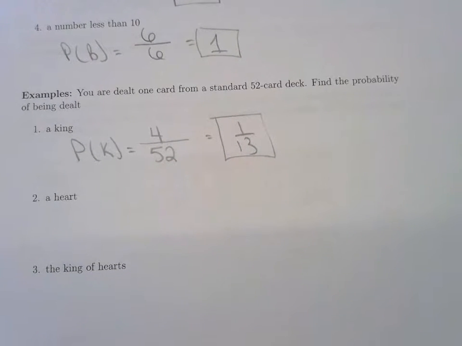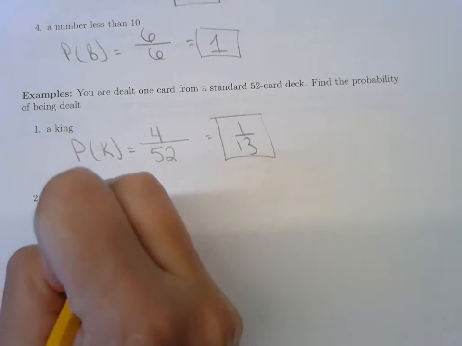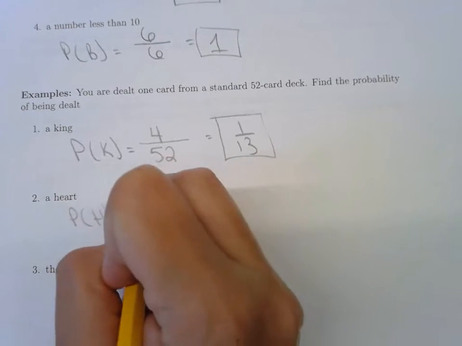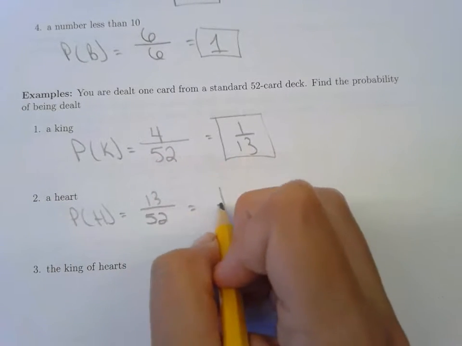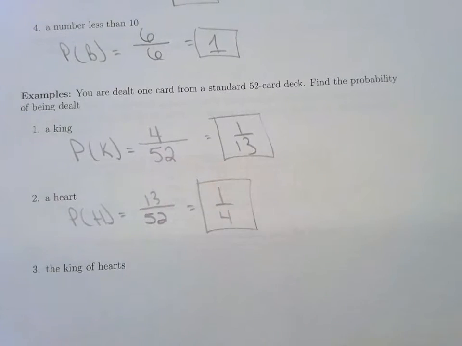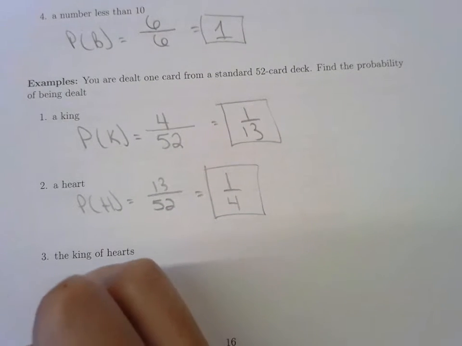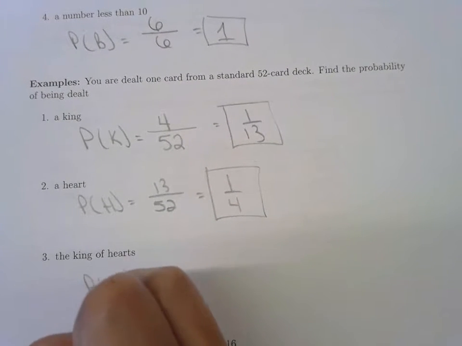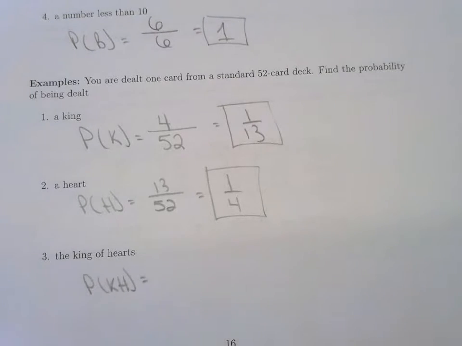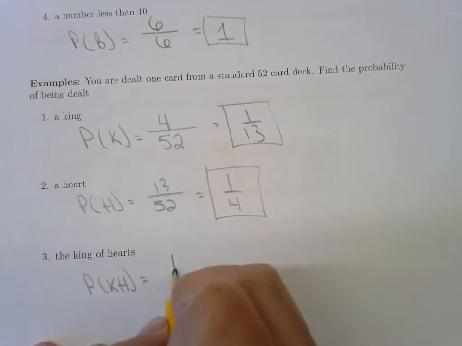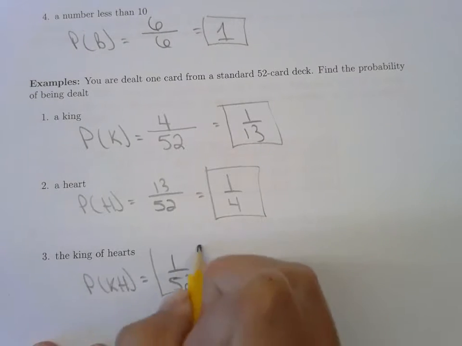We have 13 hearts: the jack, the king, the queen, the 10, the 9, the 8. So the probability of a heart, you have 13 hearts, and there's 52 total, which reduces to 1/4. And then the probability, I'm going to do KH for king of hearts. How many king of hearts are there? There's actually just 1, and that's out of 52 cards total.